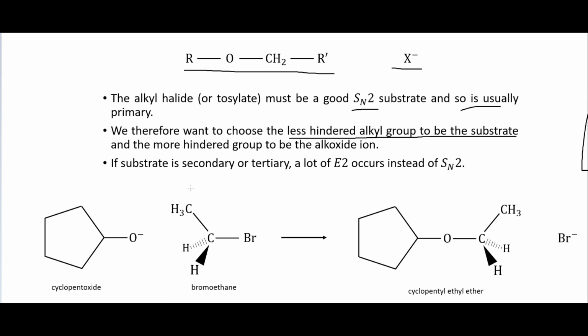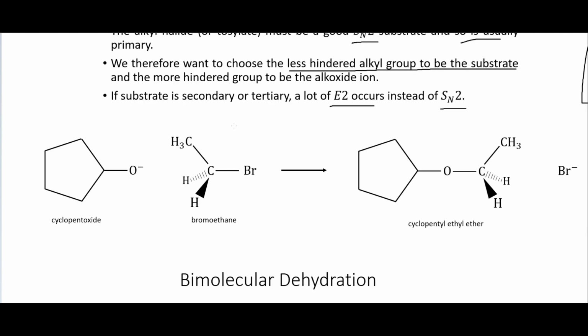So if the substrate is secondary or tertiary, we get a lot of E2 occurring instead of SN2, and so we get a lot of side reactions. And so this is the reaction we're talking about. So remember, we have our more hindered molecule here being our nucleophile and the less hindered one being the electrophile. So we have this come in, it attacks that carbon, this bromide leaves, and we end up with this ether right here.